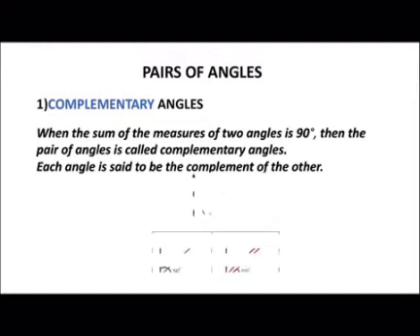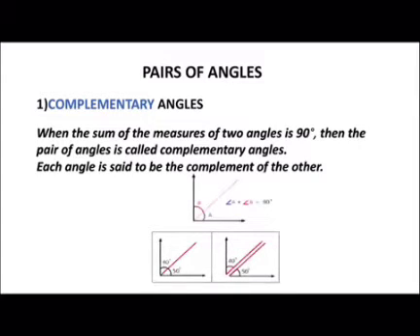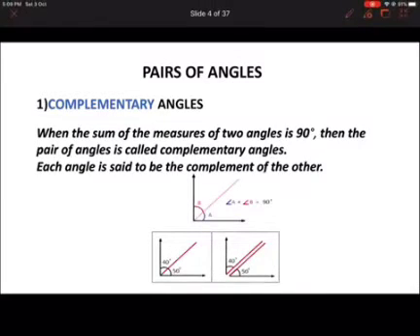Now, look at this diagram. Here, you have two angles. One is angle A, the other one is angle B. Angle A plus angle B is 90 degrees. So we say angle A, that is this angle, and angle B, that is this angle, are called complementary angles.